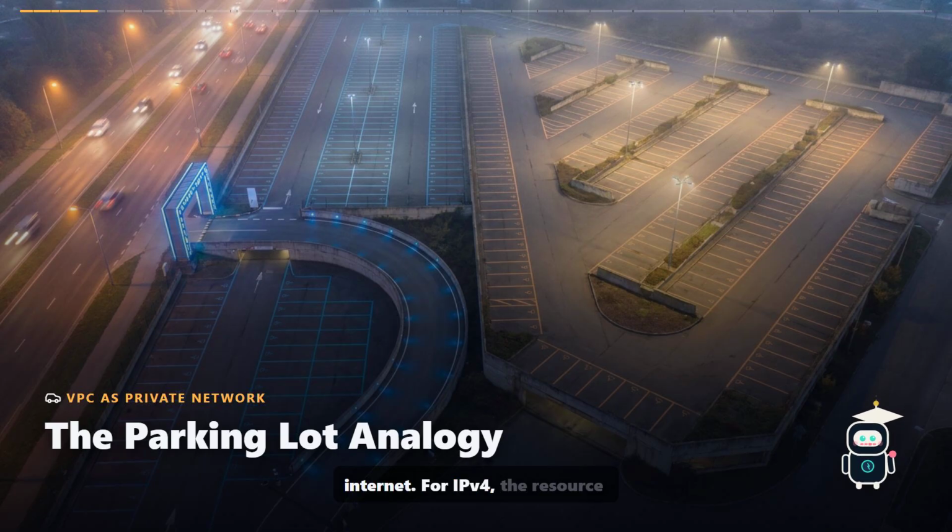For IPv4, the resource also needs appropriate public addressing, and its security controls must permit the traffic. So don't think public subnet equals publicly exposed server. Think the subnet provides the route. The resource provides the address. The security controls determine what traffic is allowed. We'll build each of those pieces throughout this lesson.